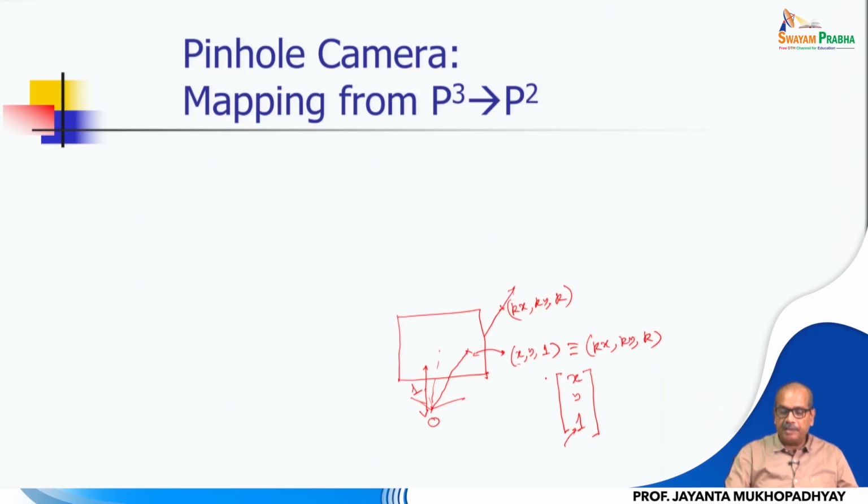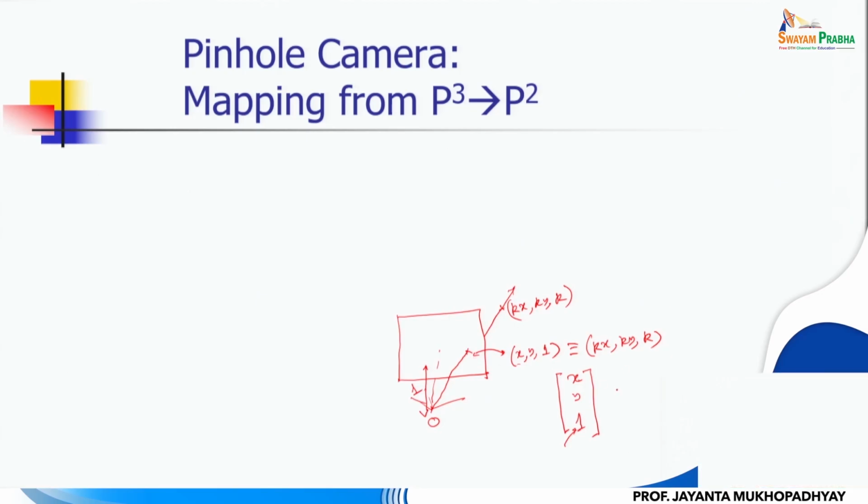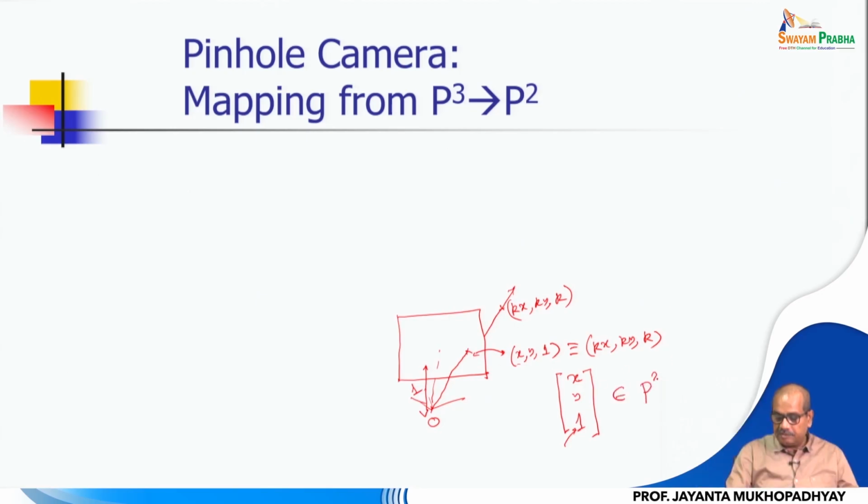Now, this is about an image point in the projective space. What about a point in the 3-dimensional space, like we have discussed earlier, say a point with coordinates x, y, z.